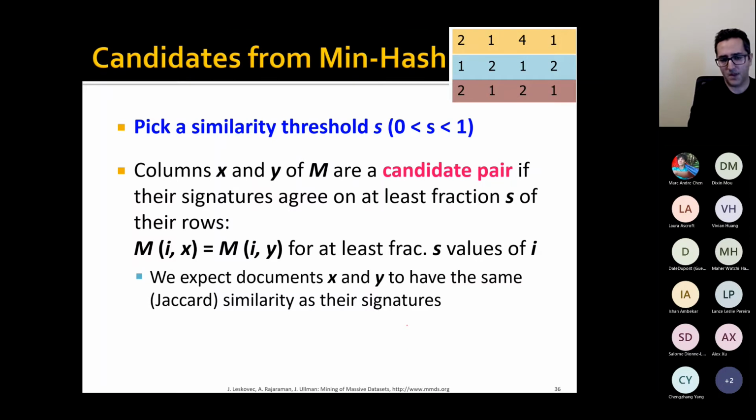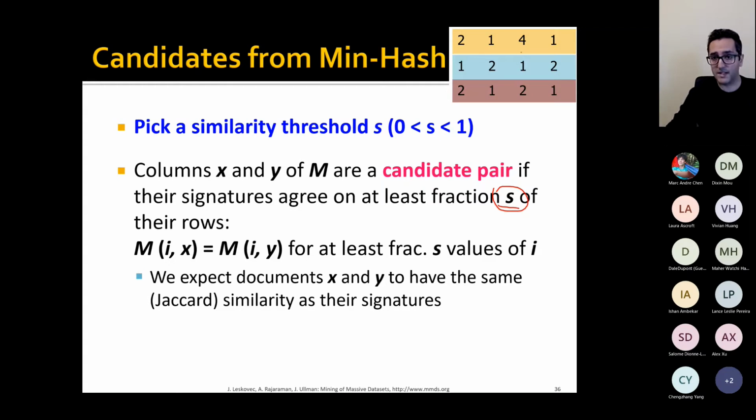So we have a threshold S. Our job is to find the documents that are similar, with a Jaccard similarity of S or higher. S can be 0.8. You're supposed to find all of the documents that have a similarity higher than 0.8. How can we do that from the signature matrix?